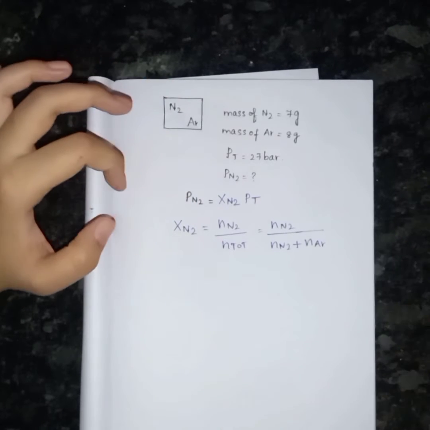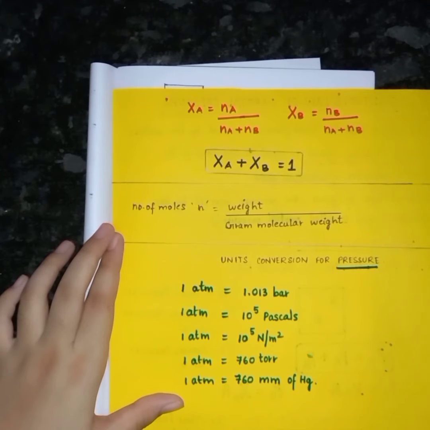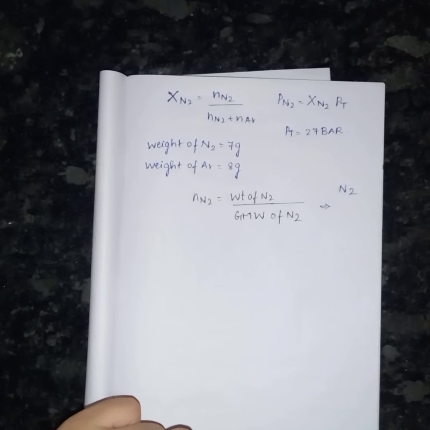This is the mole fraction of N2. Now we have to find the number of moles of N2 and number of moles of argon. How to calculate number of moles? Number of moles is equal to weight divided by gram molecular weight. Therefore, number of moles of N2 is equal to weight of N2 divided by gram molecular weight of N2.